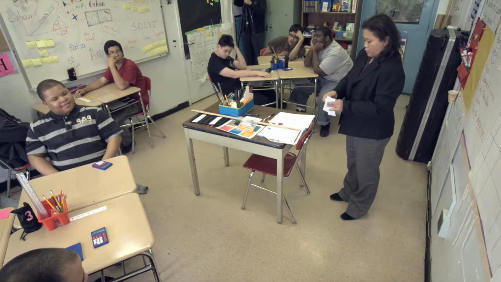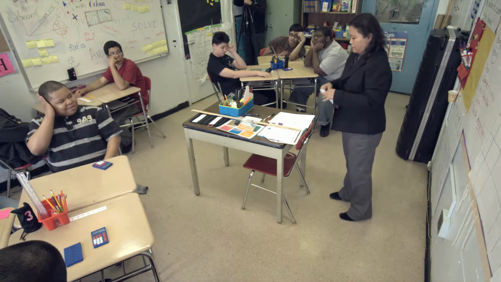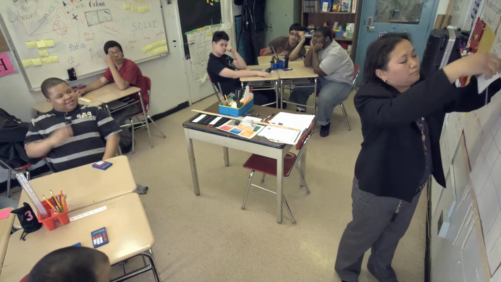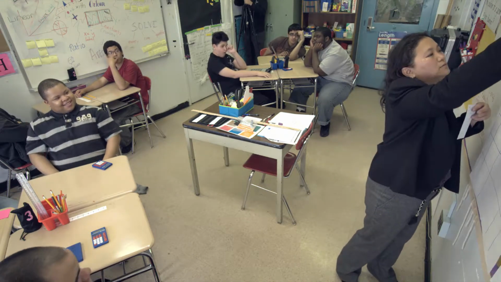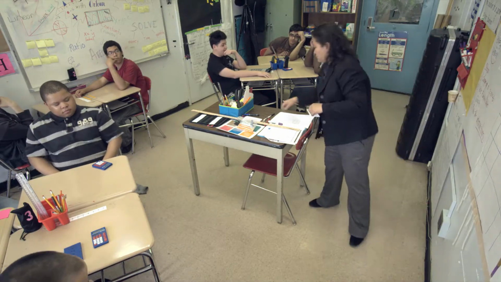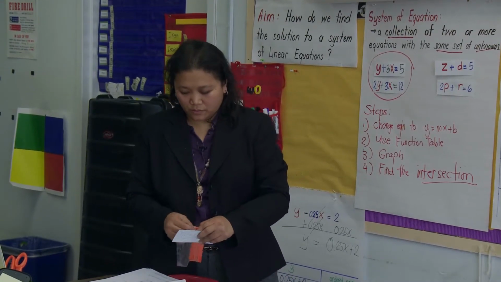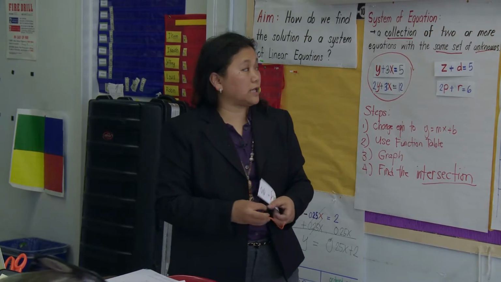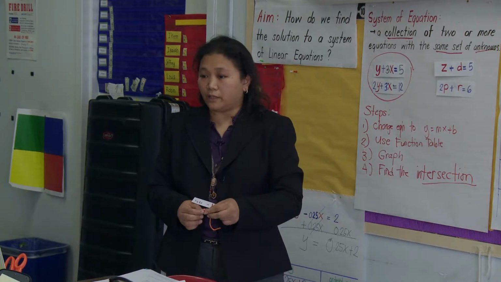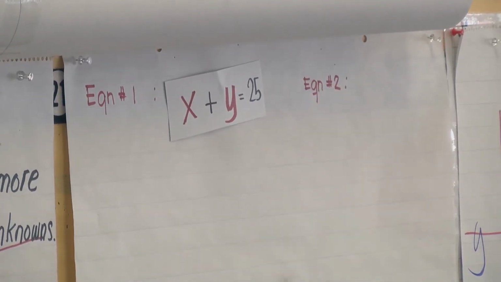So you have 25 pieces of bills together, and you need to know how many bills you are going to save. x will be the number of $1 bills, and y will be the number of $5 bills.